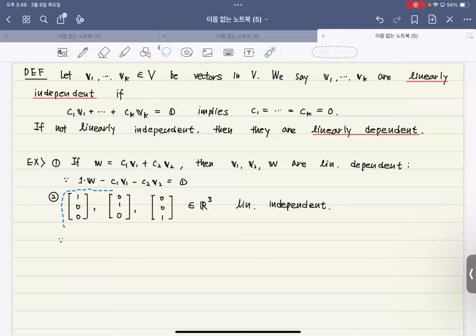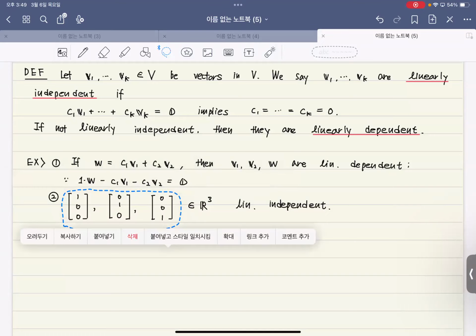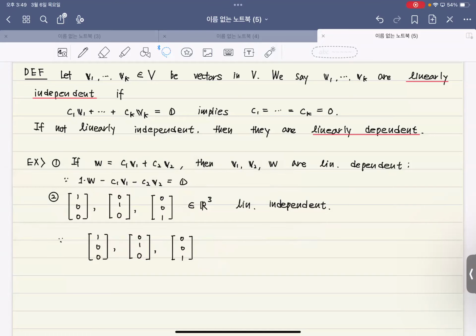Consider a linear combination of these vectors, c1 times the first plus c2 times the second plus c3 times the third. This is the vector (c1, c2, c3), and we require that this vector equals 0.